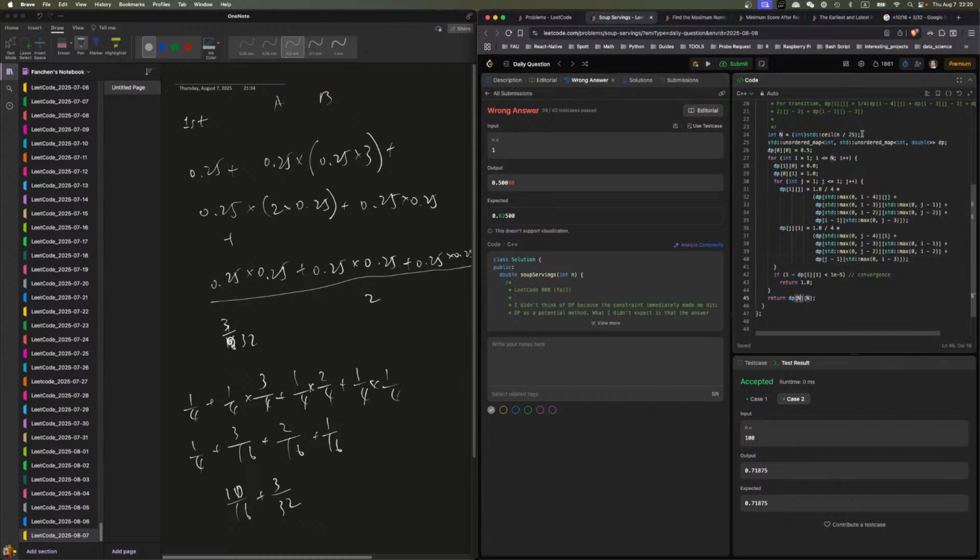N equal to 1. This is 0. So I return 0, 0. N is 0, so this one doesn't even go through. Wait, what the hell?